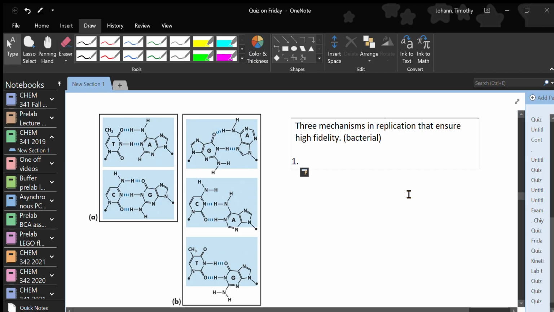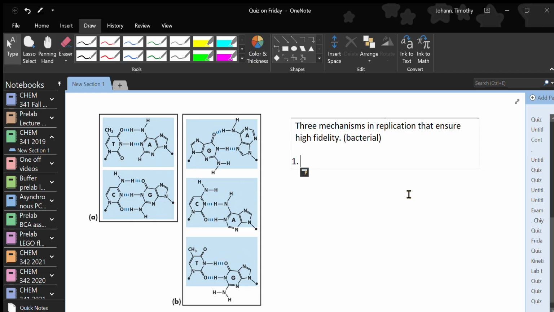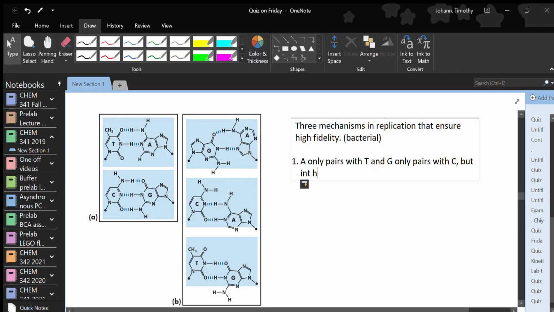All right, so the first one here is that the bases pair up, but in the context of the active site of DNA polymerase. A only pairs with T, and G only pairs with C, but in the context of the DNA polymerase active site.